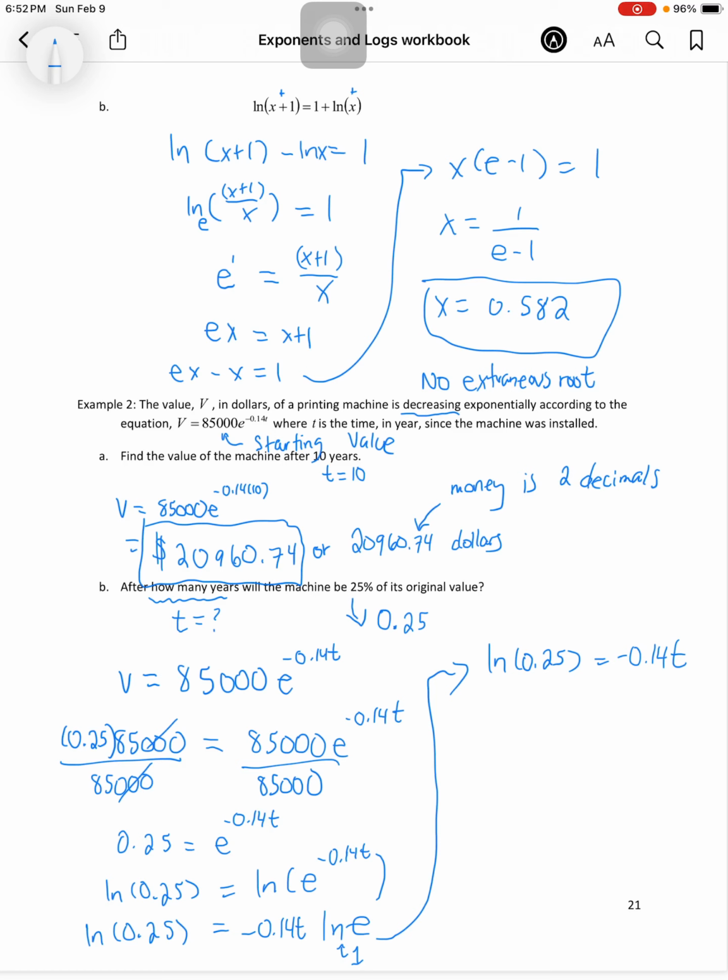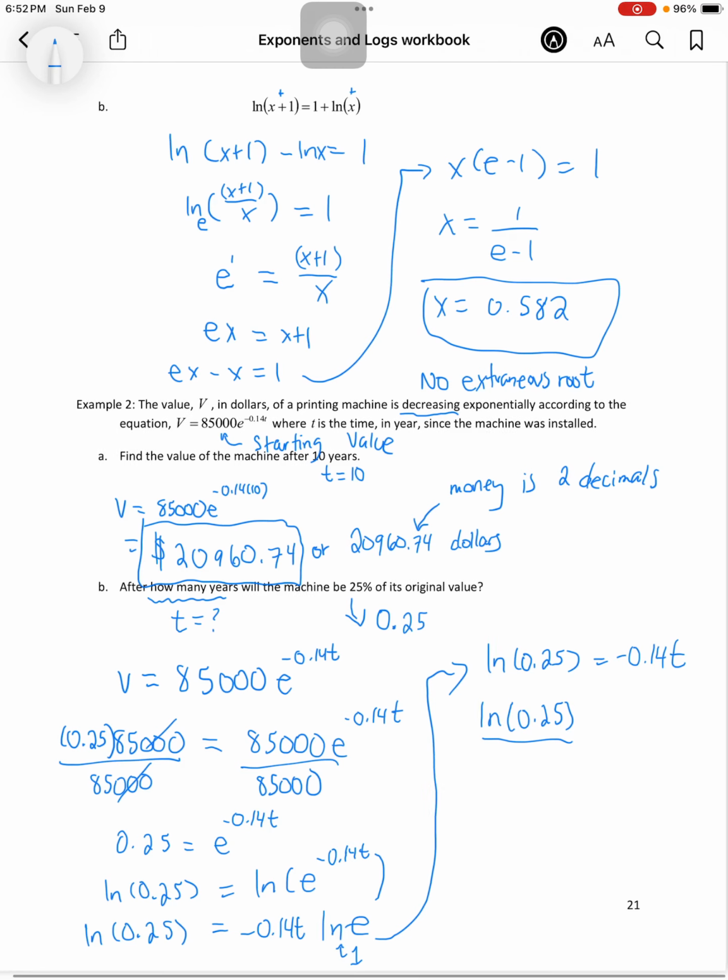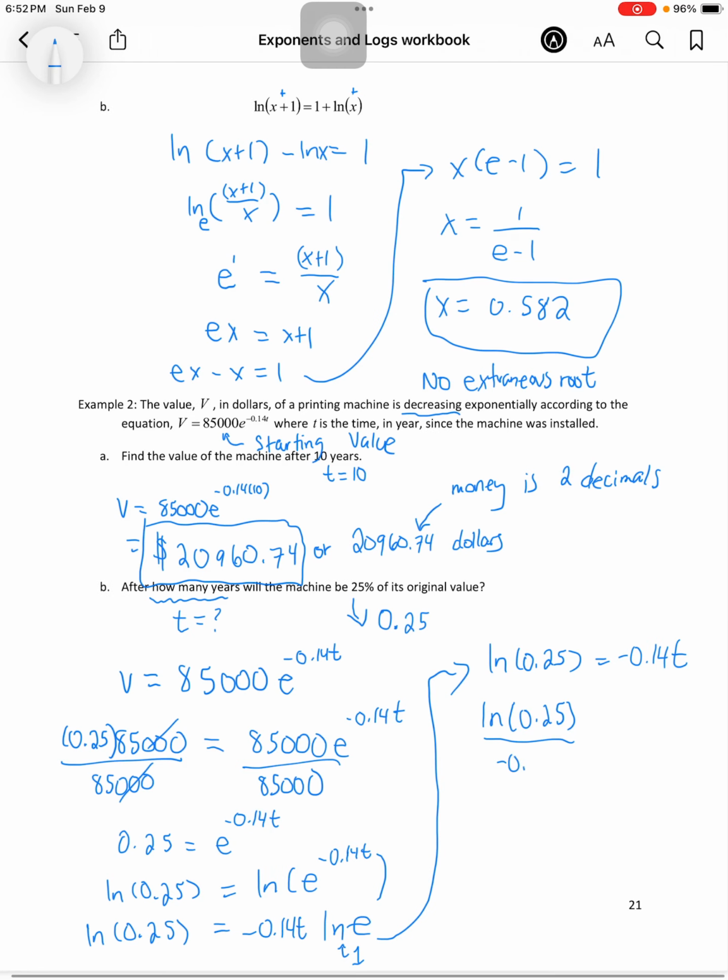And then now, how do we get rid of the negative 0.14? We divide. So ln 0.25 divided by negative 0.14 is equal to t. So t equals 9.902 years.